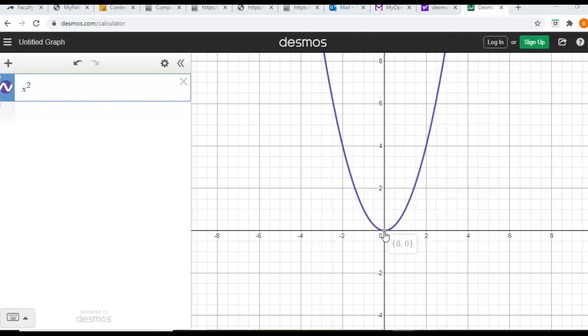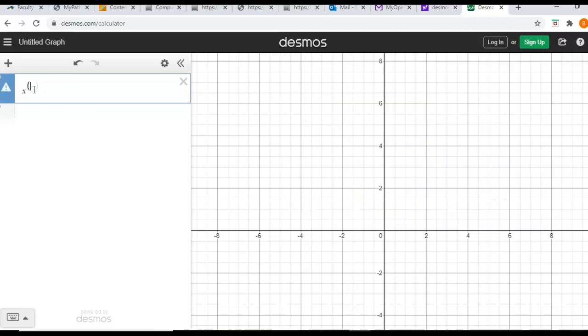We'll be studying more about parabolas later, but right now we'll be doing some transformations that have to do with x squared. Now let's see if I can perhaps do the square root by raising it to the 1/2 power, because the 1/2 power is the square root.